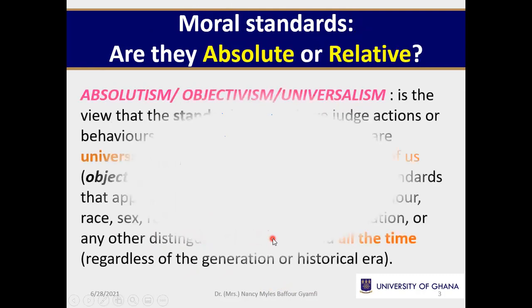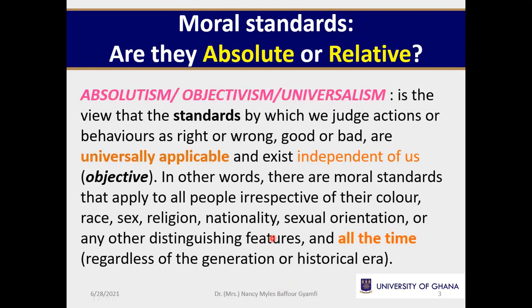All right. So are they absolute or relative? What are moral standards, absolute or relative? What is absolutism? I've already told you it's also objectivism or universalism. These terms refer to relatively the same idea about moral standards. So if we don't see absolutism, you would see objectivism or universalism.